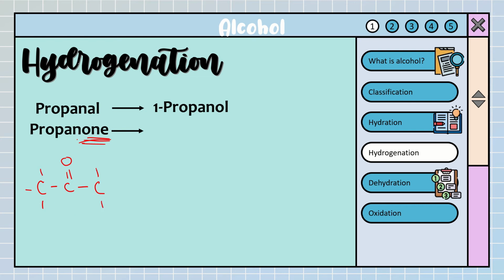To complete this structure, let's add the hydrogens first to have 4 atoms bonded to carbon. Then we have another reactant that is important in hydrogenation, which is hydrogen, and for a catalyst, let's just have nickel.